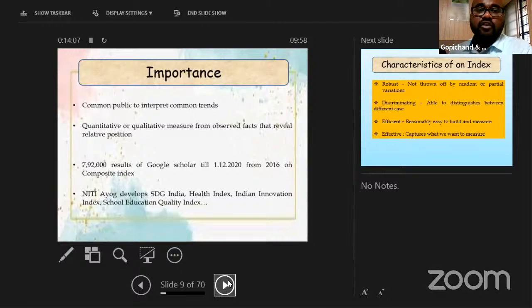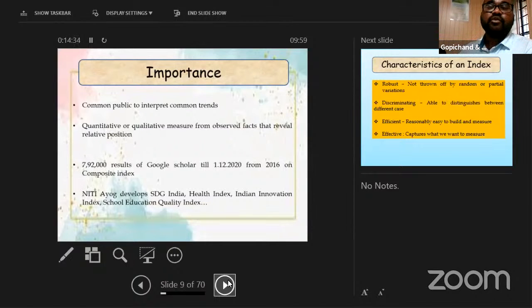It helps the common public to interpret, and it measures quantitative or qualitative measures. Google Scholar findings from 2016 till December 1st show more than 7 lakhs, almost 8 lakhs publications on index.